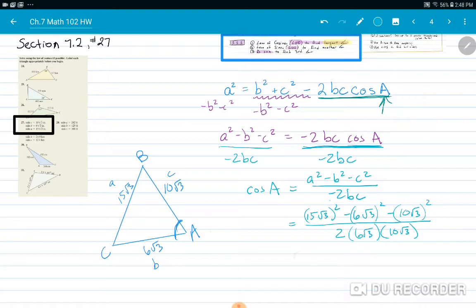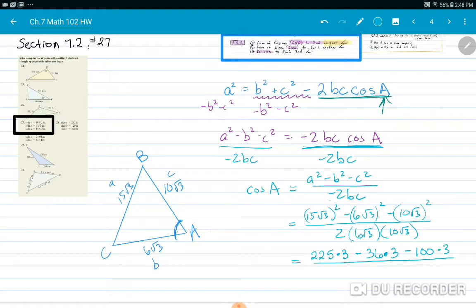All right, so that gives me, let's see, 15 squared is 225 times 3, radical 3 squared is just 3. 6 squared is 36, and radical 3 squared is 3. And 10 squared is 100, and radical 3 squared is 3.